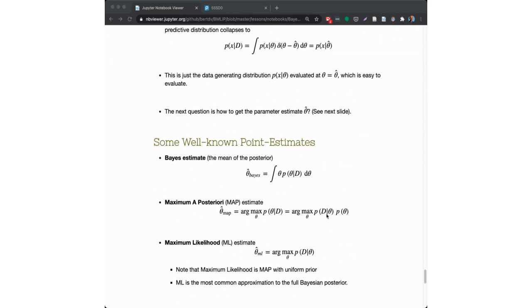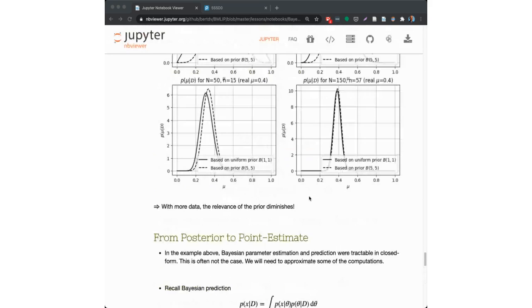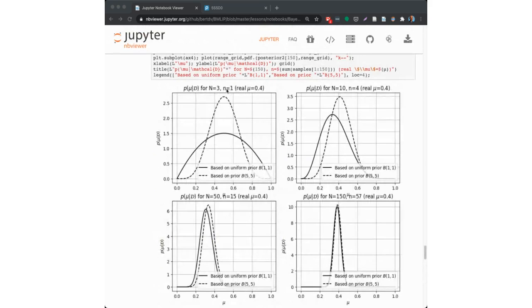So then this product of P of theta times this function is going to be dominated by this likelihood function. And you see that also here, right? In the beginning, we have no data points, or maybe a few. I think n is 3 here.